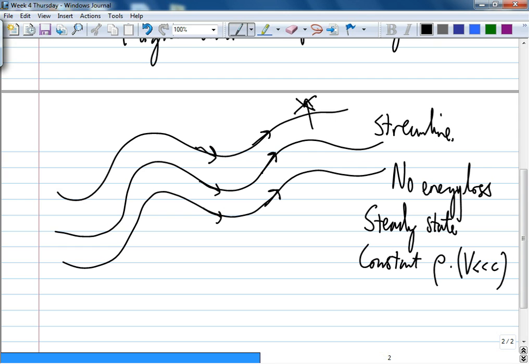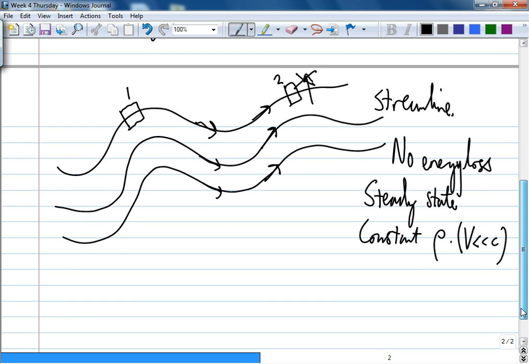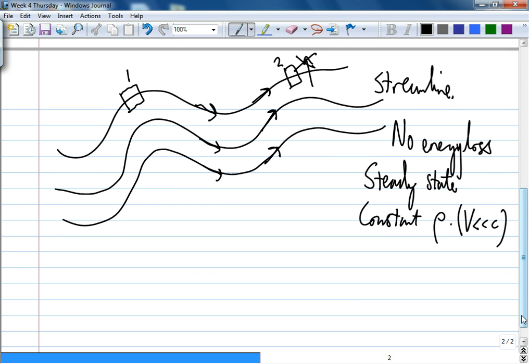So in most cases, you consider a blob here and a blob here. This fluid, at some later point, will have traveled here, point 1, point 2. Can we say that energy, I'll do the energy approach first because it's easier.